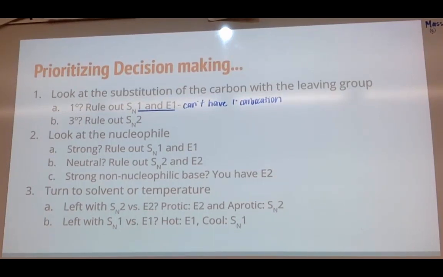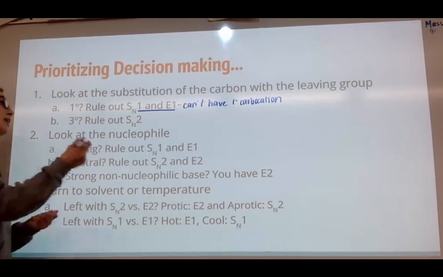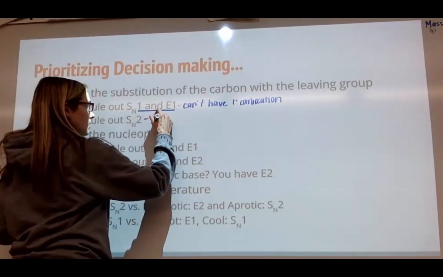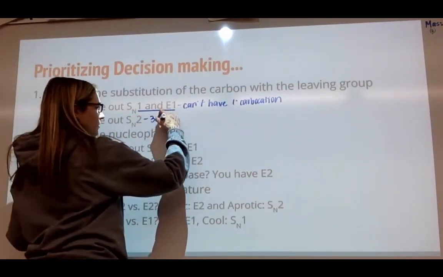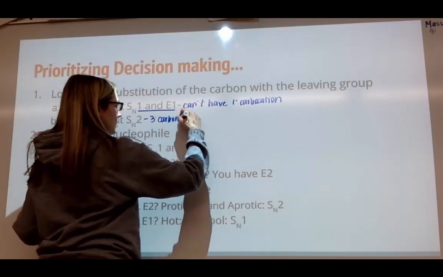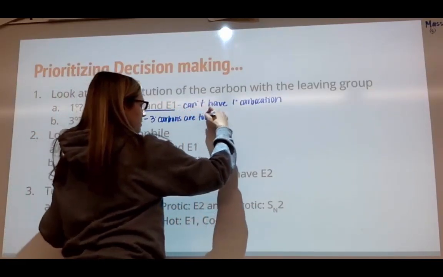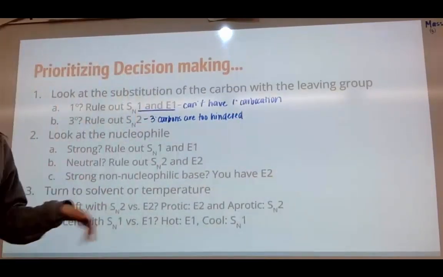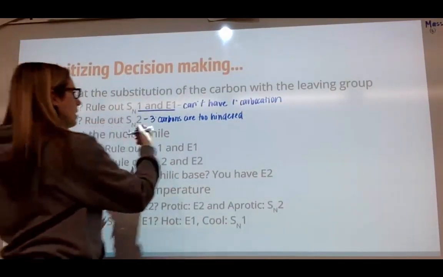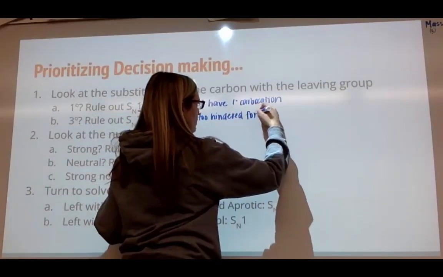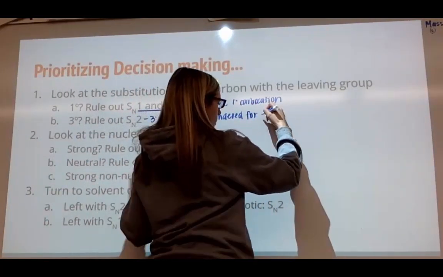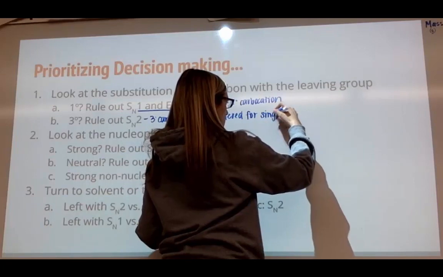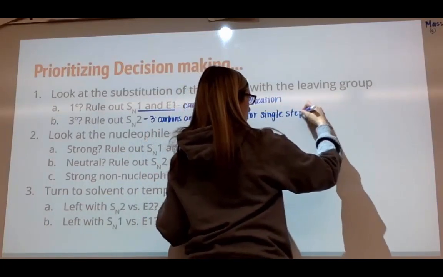Is it tertiary? If it's tertiary, we rule out SN2. Just so that if you're looking back and asking why we're ruling them out: tertiary carbons are too hindered for single-step substitution.